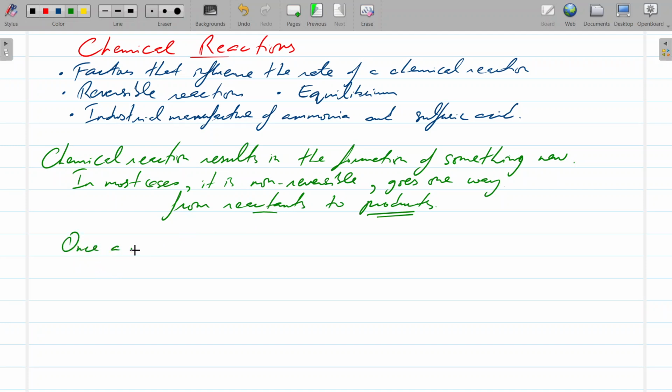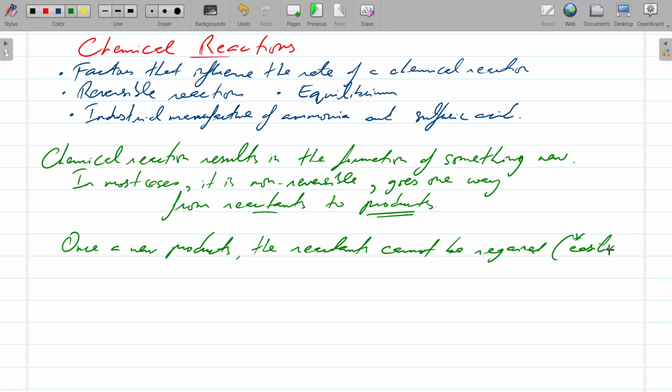So once a new product is formed, the reactants cannot be regained, and I'm putting an asterisk over here, easily. In some cases it cannot happen, in some cases it is very difficult.